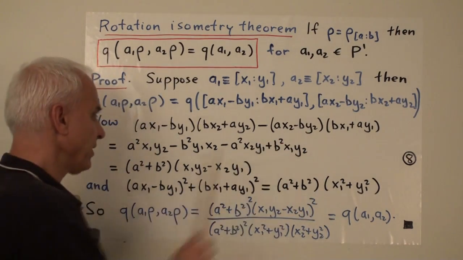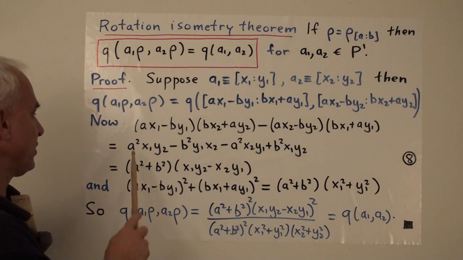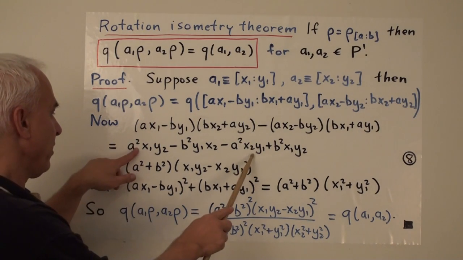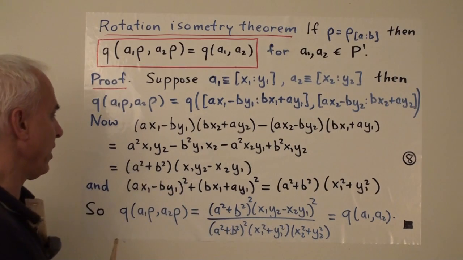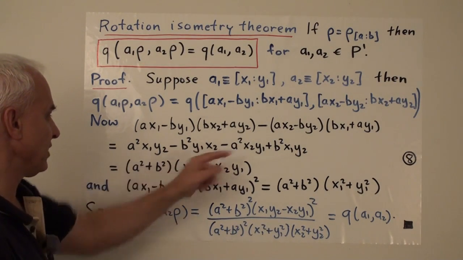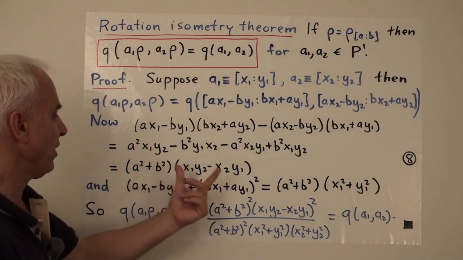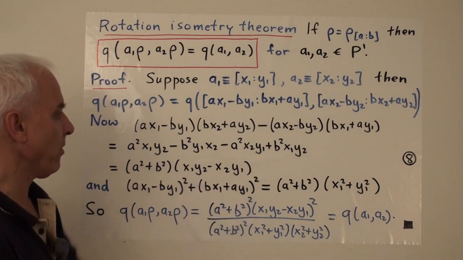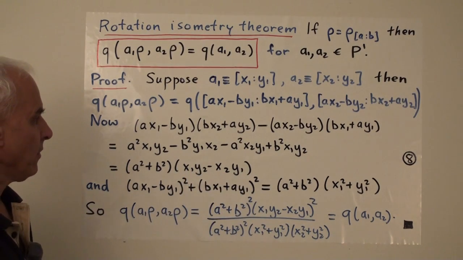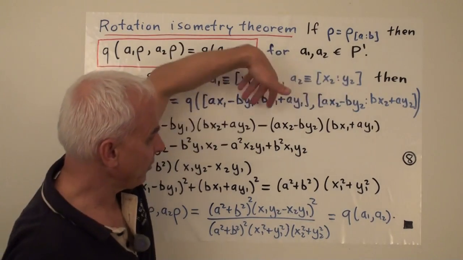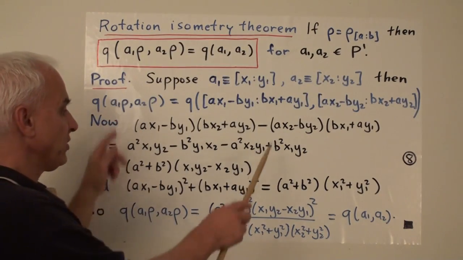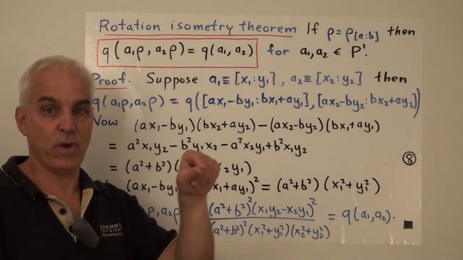So this is all that we get. And then there's an A squared common here, and there's a B squared common here, and we can see that we can factor this thing as the product of A squared plus B squared times X1 Y2 minus X2 Y1. So when we take the quadrance of these two things, this is what appears in the numerator, but it ends up being squared.